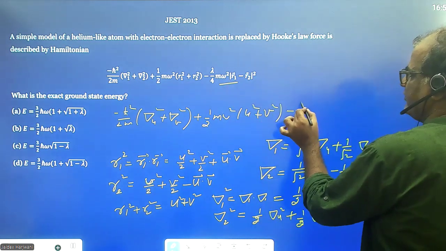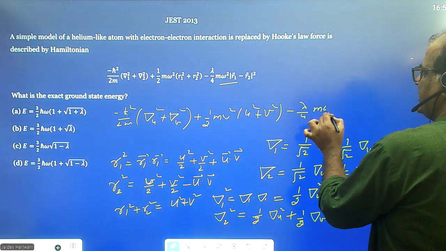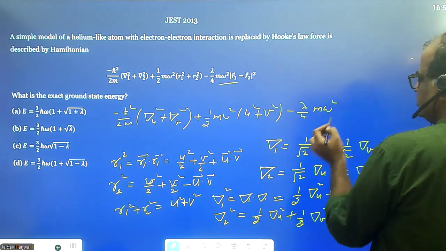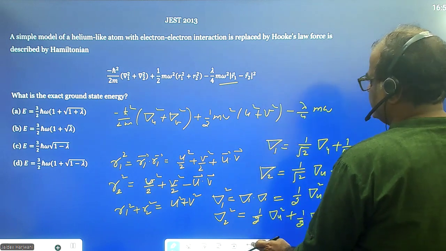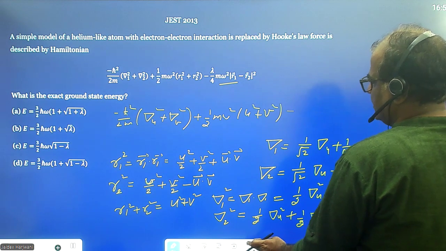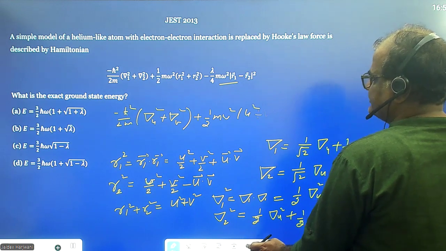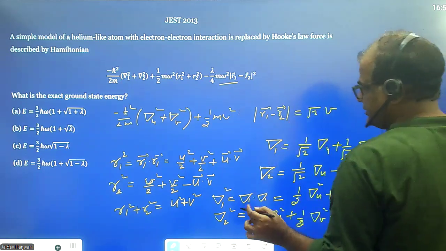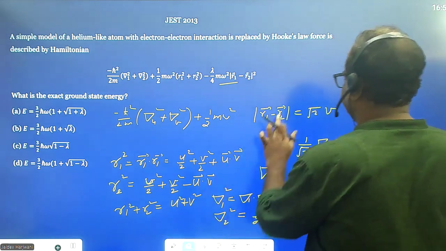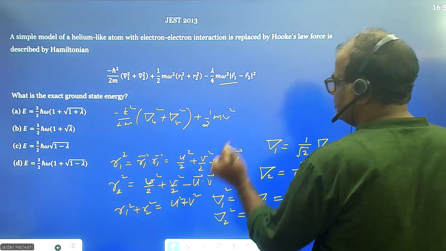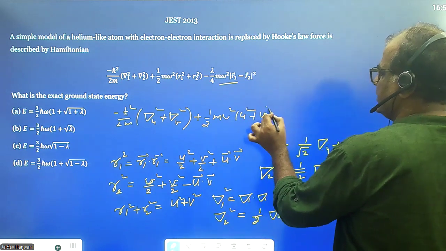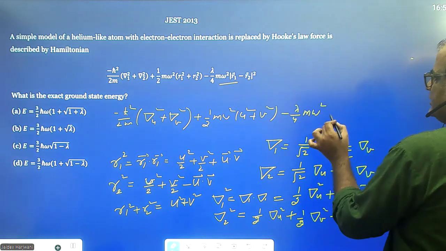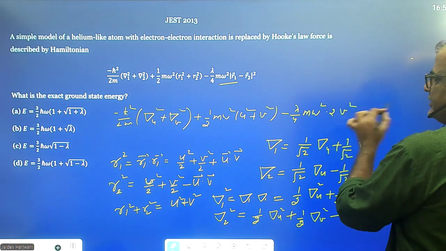And now here we have lambda by 4 m omega square, and R1 minus R2 is root 2 V, so when squared this will be 2V square. So this is U square plus V square, and now I have a minus lambda upon 4 m omega square times 2V square.